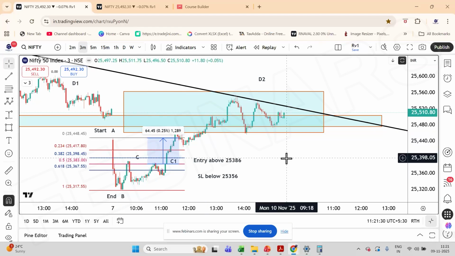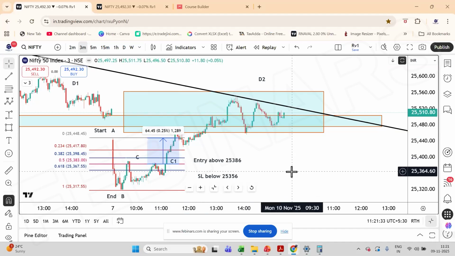Let's say it's 64 points. What is the stop loss? Can anyone calculate and tell what could be the stop loss? Entry point and the stop loss point, can you calculate and tell? Exactly, it is 30 points. Do you guys agree?